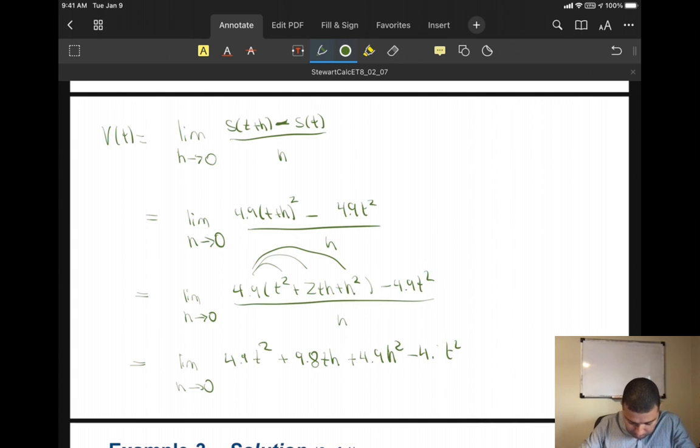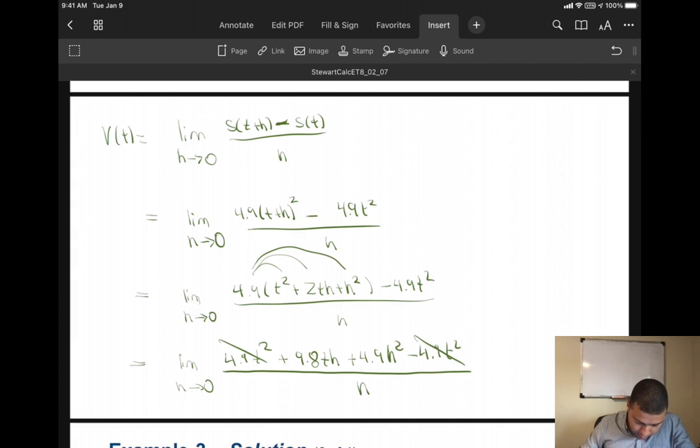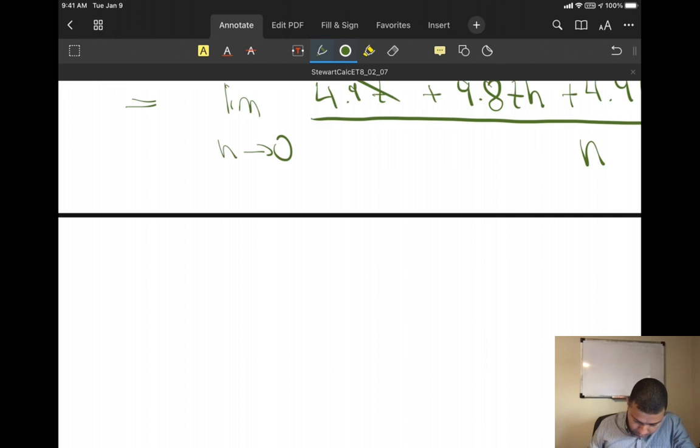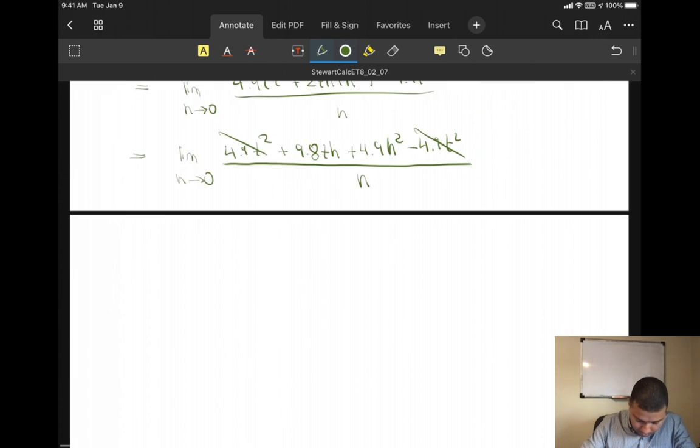So things stay not looking so nice. Add one more page, and then I'll get the limit as h goes to 0 of 9.8 th plus 4.9 h squared over h. Factor out an h.